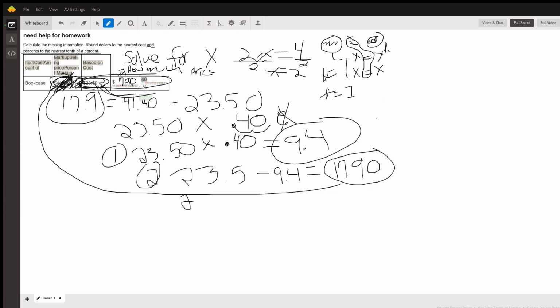Sometimes in school, when you're taking a test, you may not feel like plugging your numbers back in, or maybe you ran out of time. But if you really want to make sure and check your work, and you have the time, you can plug these numbers back in here and do the math, and one side of the equation should equal the other side of the equation.